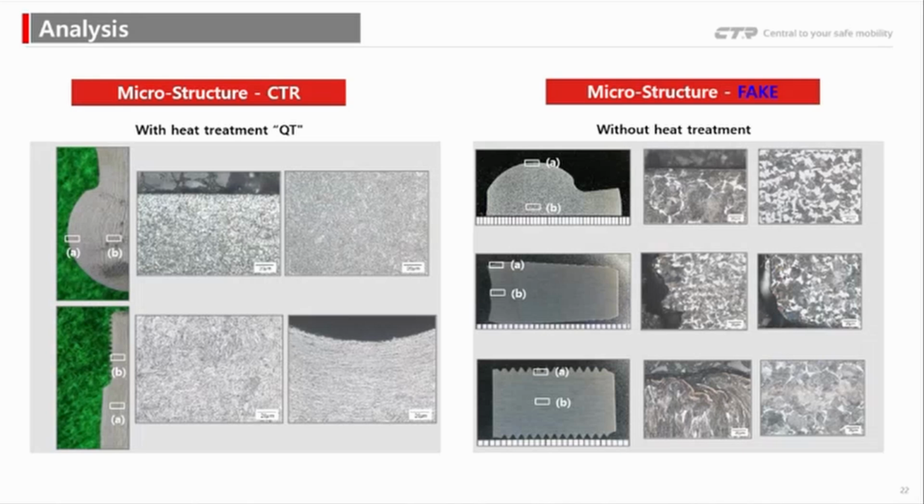In summary, this comparison clearly shows that even though fake products may look similar on the outside, they lack proper manufacturing and heat treatment processes inside. This results in serious safety risk for the end user.